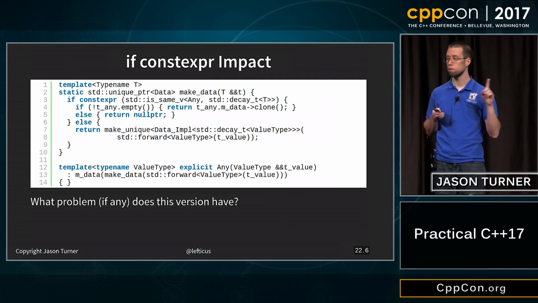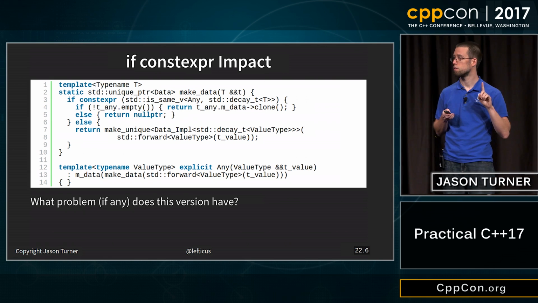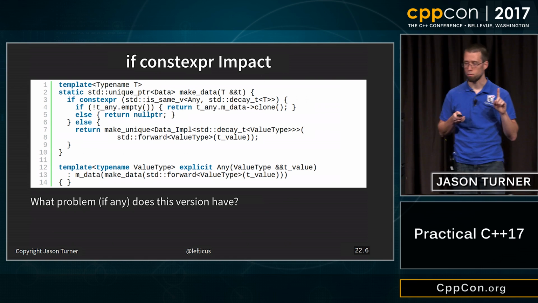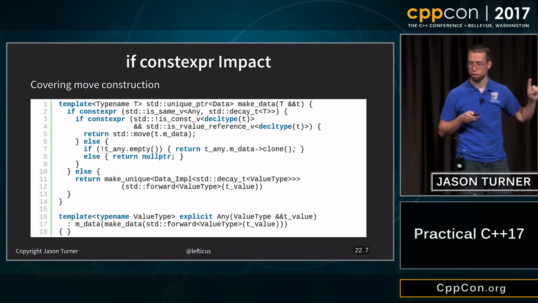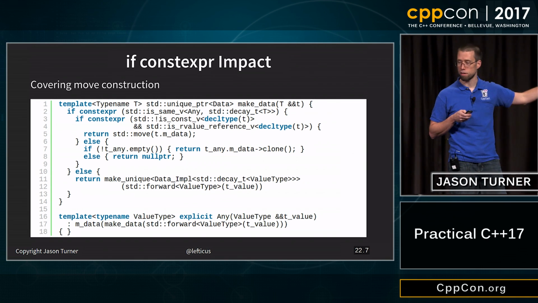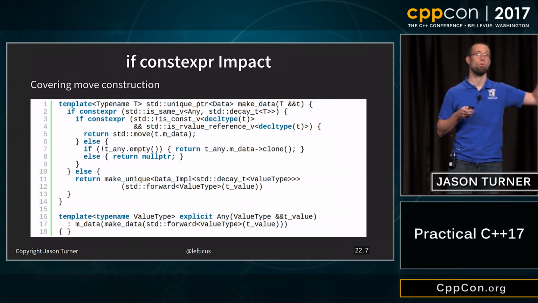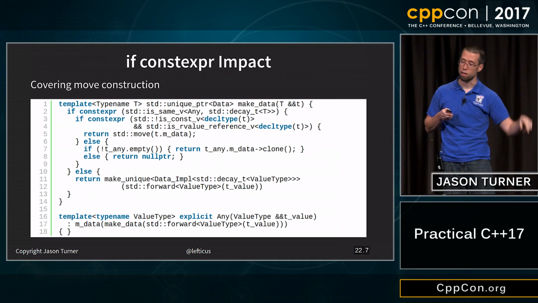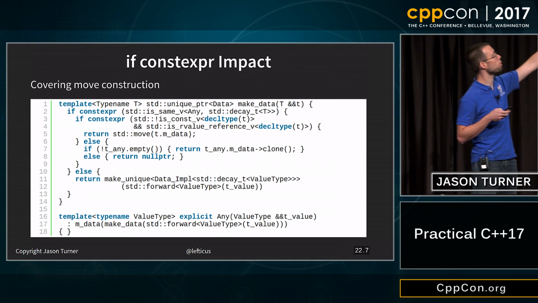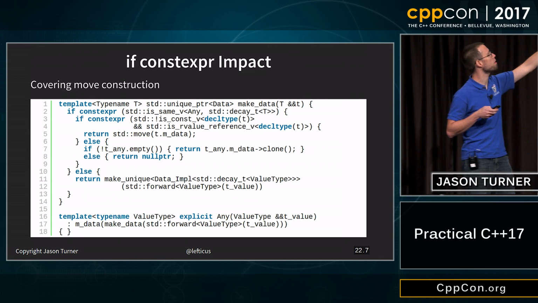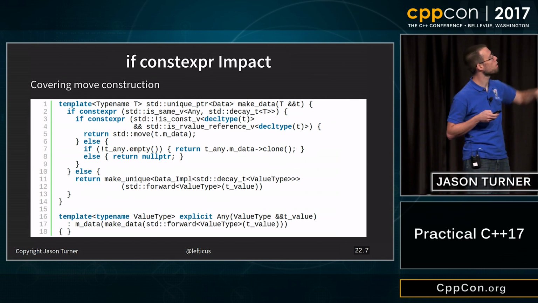Does anyone see it? We don't allow moves. So we can continue to expand this and have another level of if constexpr and say, if the thing passed in was in fact an init, but a non-const rvalue reference, then we move the data. Otherwise, we copy the data. Otherwise, it'll be a pointer.